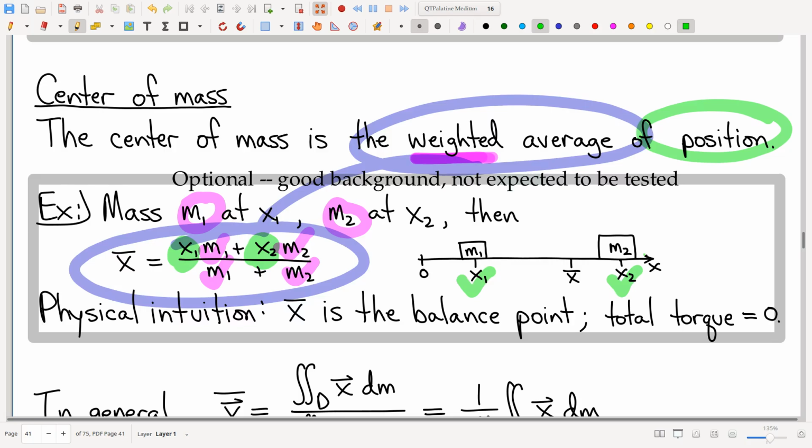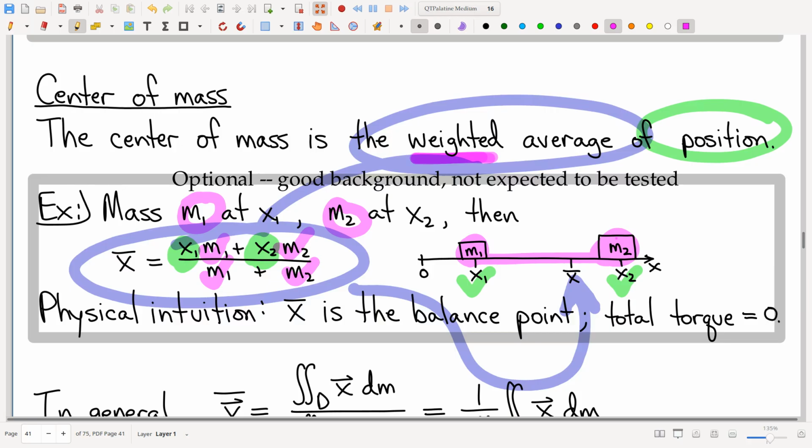So, weighted average of position. And what do you do with this? Why would I ever care about such a thing? That's where you would put your finger if you had these masses connected by some sort of rigid structure. X bar is where you would put your finger to make this balance. It's the balance position. So it's physically pretty natural.